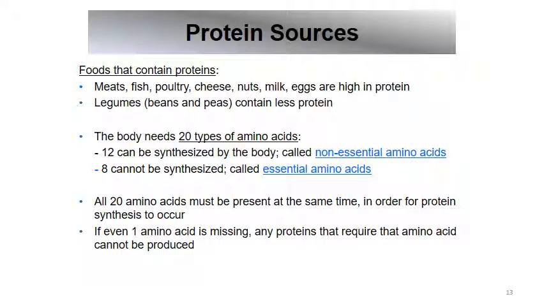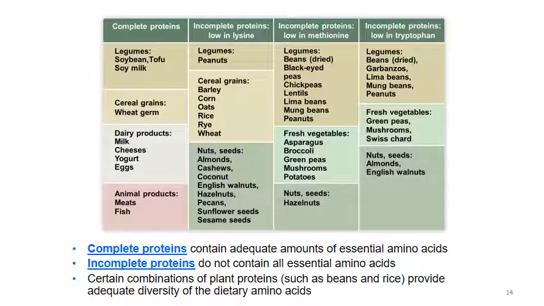And so that's what this next line is saying. Okay, so here's just an example. It's showing incomplete proteins versus the complete proteins. So here are just some examples. Lysine is an essential amino acid. Methionine is another essential one, and tryptophan is another essential one.